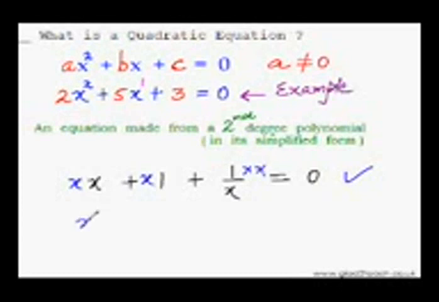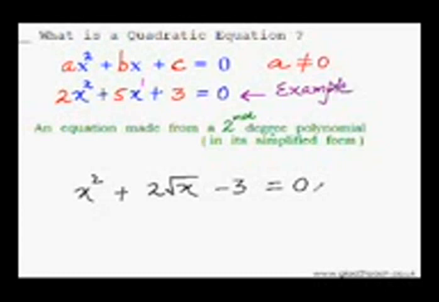So x times x is x squared, and plus x, and this x and this x cancel out, equal to 0. Now this is surely a quadratic equation. So quickly tell me, is this a quadratic equation?